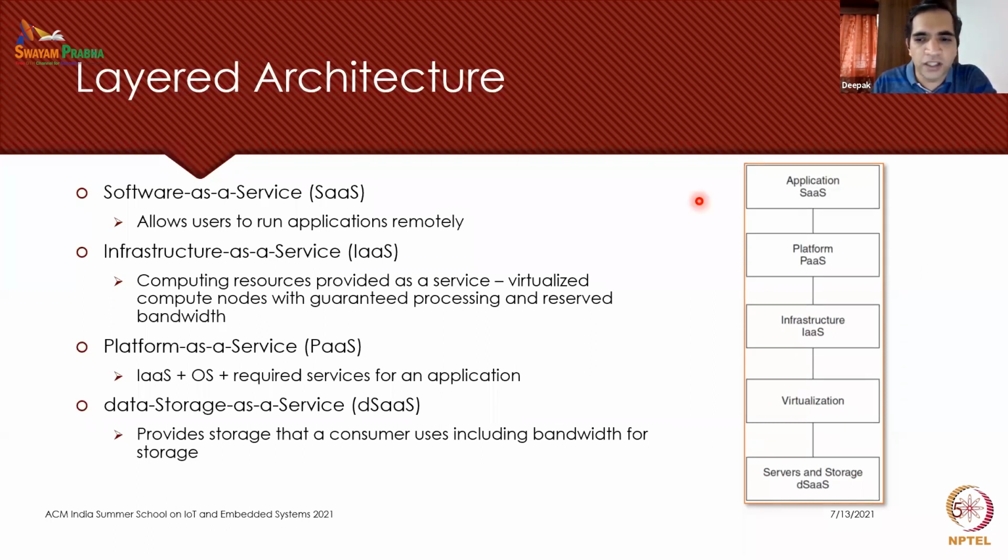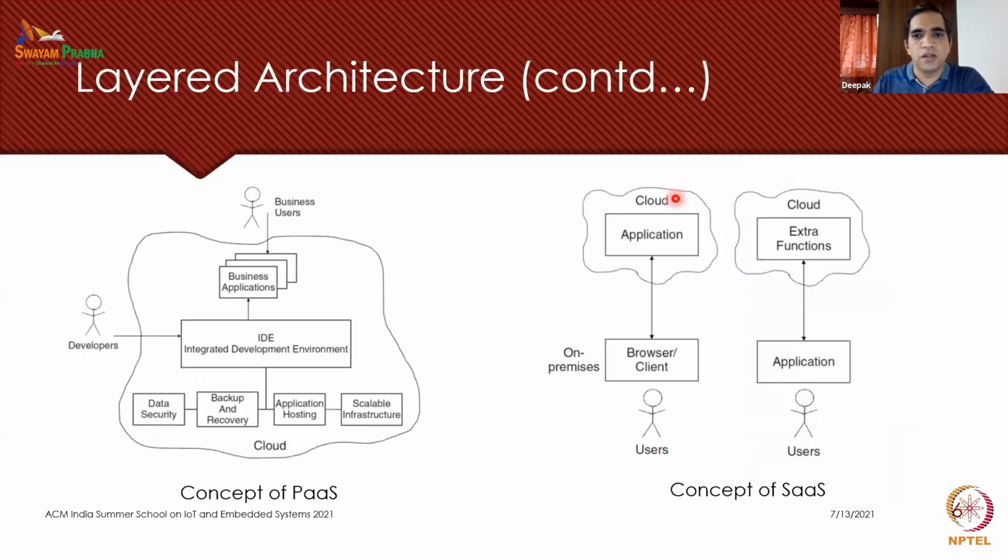Okay, moving forward then. So just to give you how these layers look like, let's start with the easier one, which is the application software as a service. What the architecture looks like now is this.